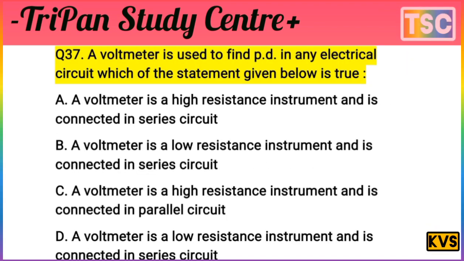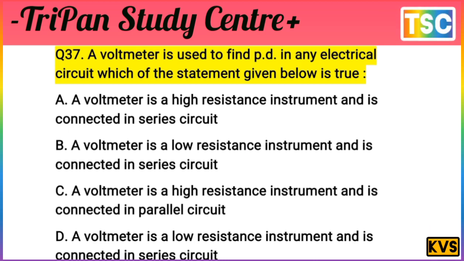Next question on your screen. A voltmeter is used to find the PD in an electrical circuit. Which of the statements given below is true? Here I ask for the true statement. A. A voltmeter is a high resistance instrument and is connected in a series circuit.